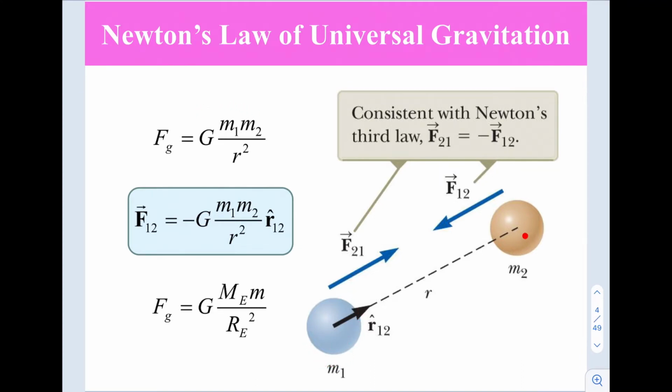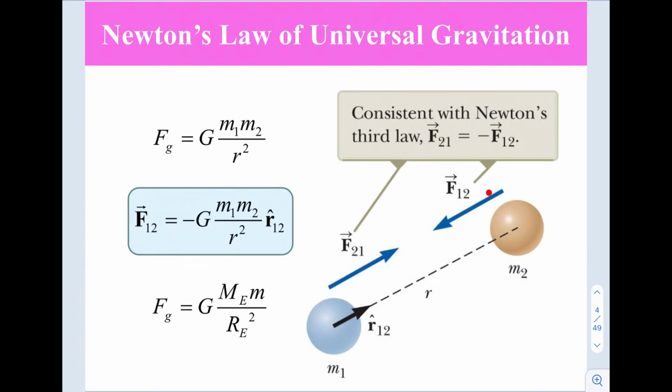So, applying Newton's law of universal gravitation, as I showed you just now, if we have two objects with masses m1 and m2, these two objects are going to experience attractive force towards each other. This amount of force is the same in terms of magnitude, but opposite in direction, and acting on different objects.